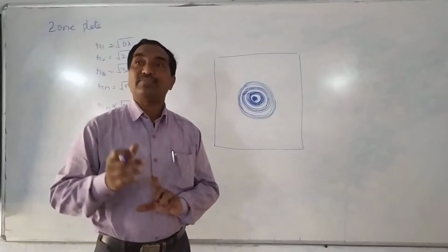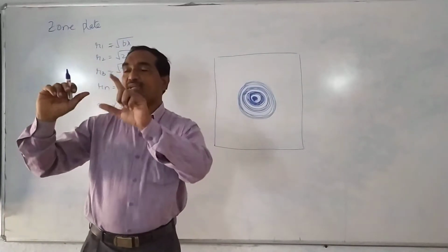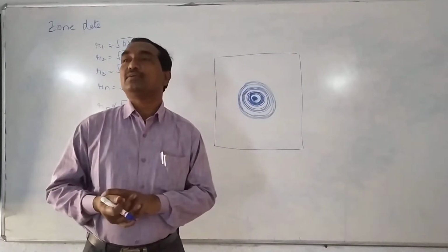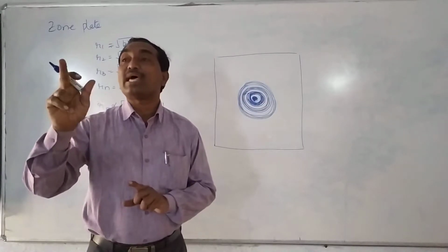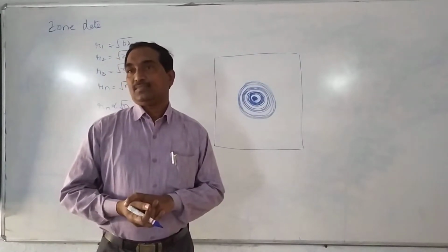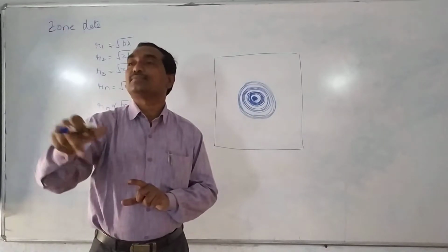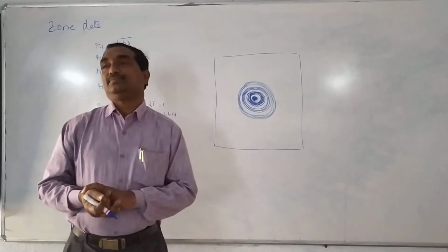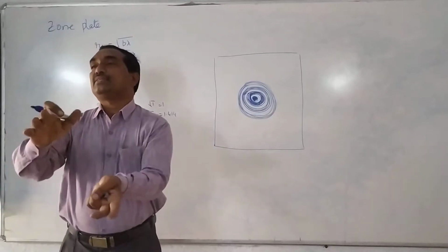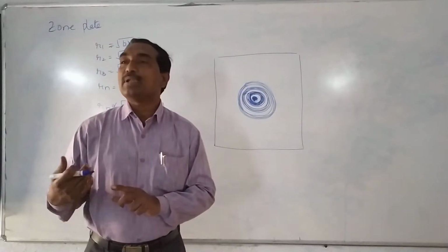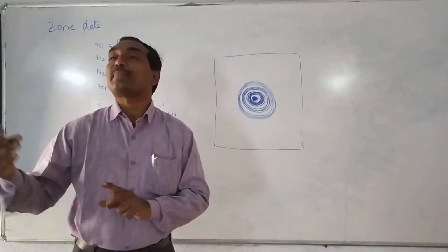In that black and white photography, when we take a photograph of a person wearing a white shirt, we observe in the negative a black shirt. If he wears a black shirt, we observe it as transparent in the negative, that is, it looks white. After printing, it is reversed. A white shirt is printed as a white shirt and a black pant is printed as a black pant.